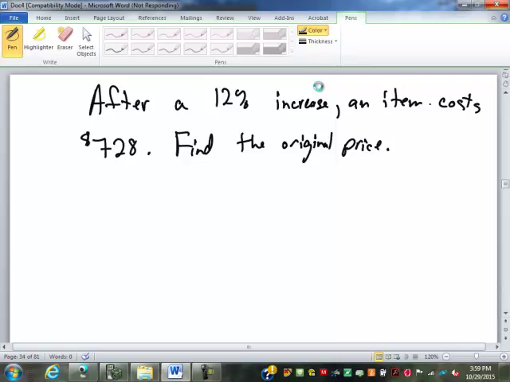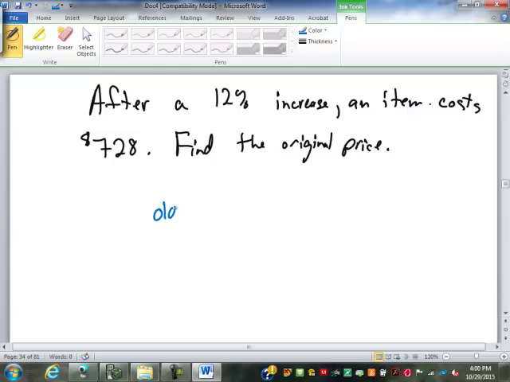Well, because every percent has a number that it is based off of. 12% in this problem is not based off of the 728. Because is the 728 100%? No. Percent calculations are based off of whatever is represented by the 100%. That's not the 728 here. The 100%, as when we were looking at it before, you have old price plus an increase gives you a new price.